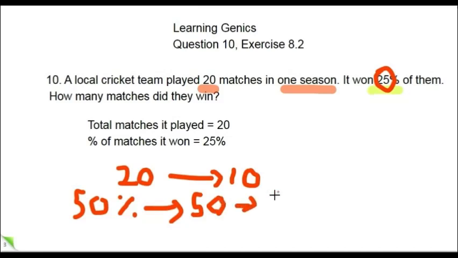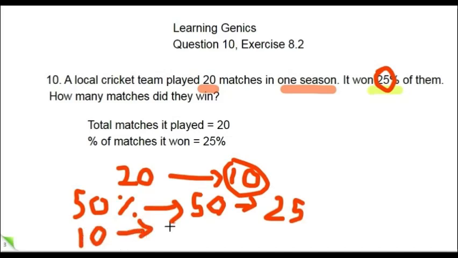So again we have to take 50%. We know the 50% of 20 is 10, so we take 50% of 10, which means again half of 10. So the answer will be 5.